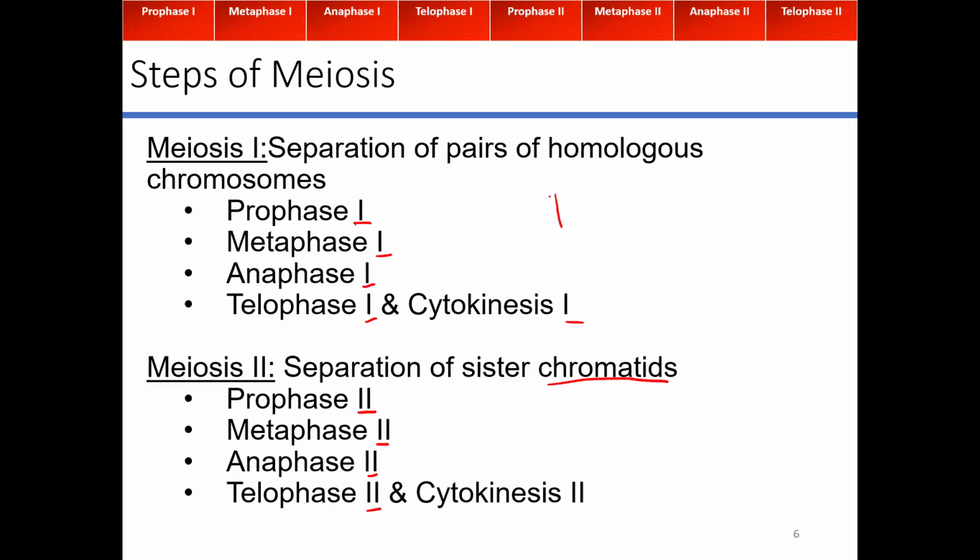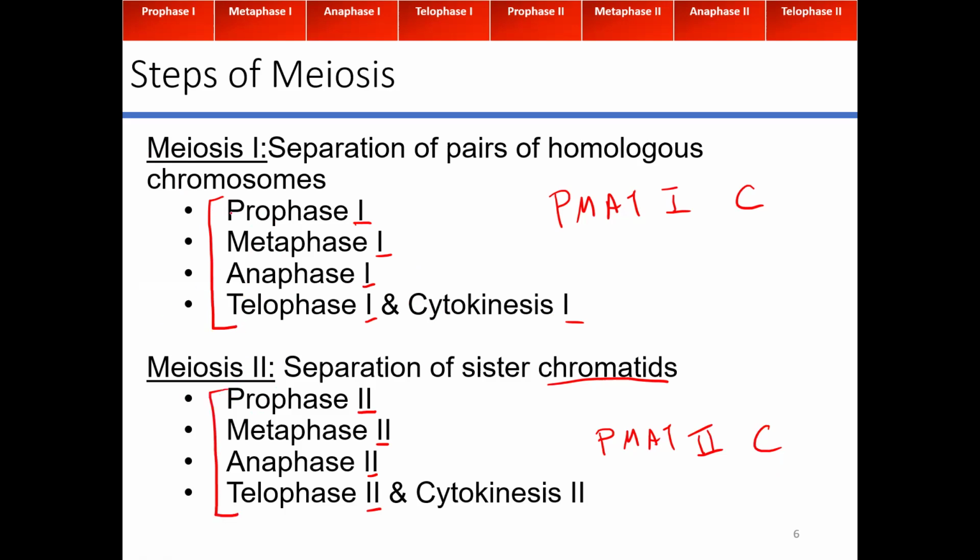So again, we still have our PMAT 1, as well as our cytokinesis, and then our PMAT 2, because it goes through it one more time, as well as cytokinesis. You'll notice that prophase, metaphase, anaphase, telophase, and cytokinesis are going to be essentially the same, both of these together, as what we talked about in our previous lecture.